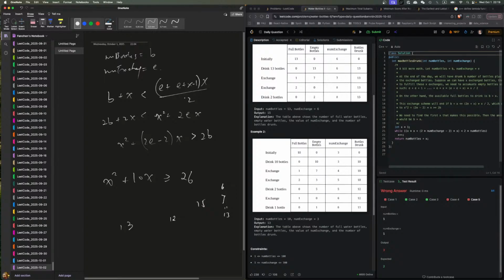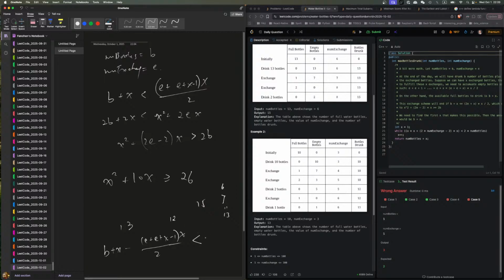Right, so actually, no, I think it's b plus x minus this is the difference. The first time this is smaller, then because it's equal to, we can still do more.